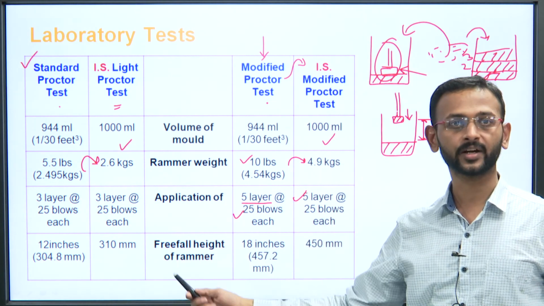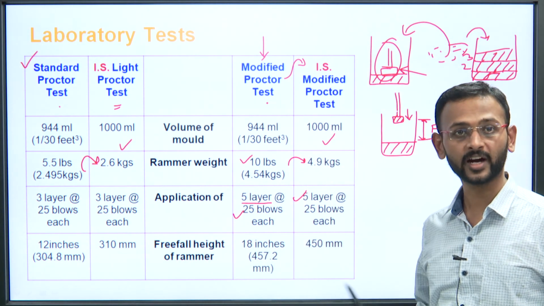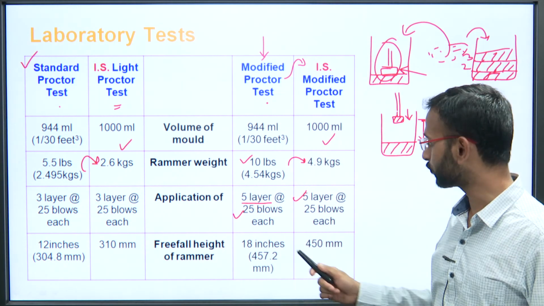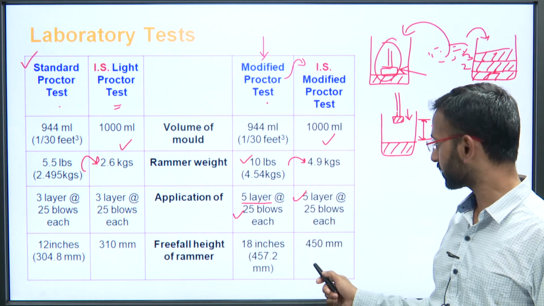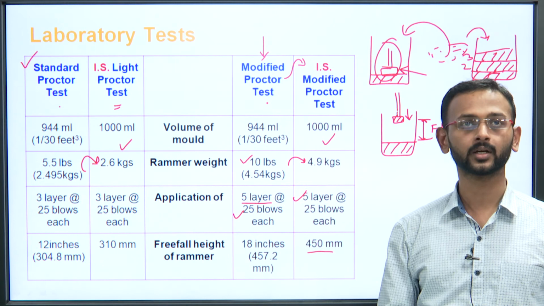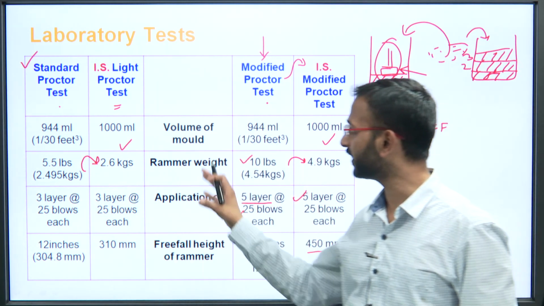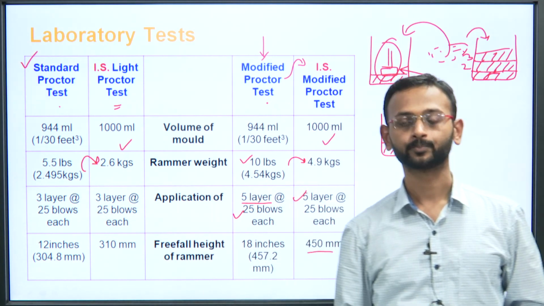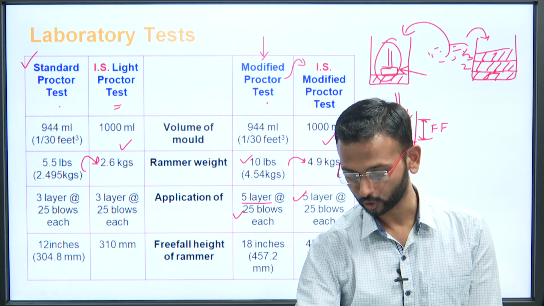For the Indian standard test, it is 310 mm. For the modified Proctor test, it is 18 inches, that is 457.2 mm, and for the IS modified Proctor test, it is 450 mm. So you have to remember these values, and you can directly apply them to get the compactive effort values, and we will look at the compactive energy now.